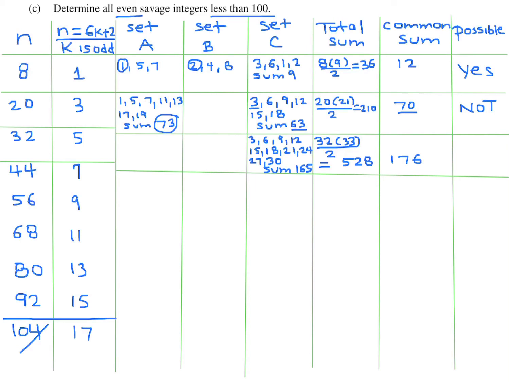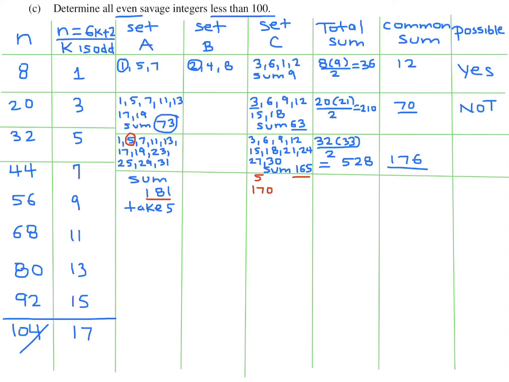So now let's list set A. And set A, that sum is 181. All right, but we want it to be 176, so I've got to take 5 out of here. Can I do that? I sure can. I can just take out this 5 right there. And then this will drop down to 176. And this will go up to 170. Okay, if I take a 5 out of there and add it to here.